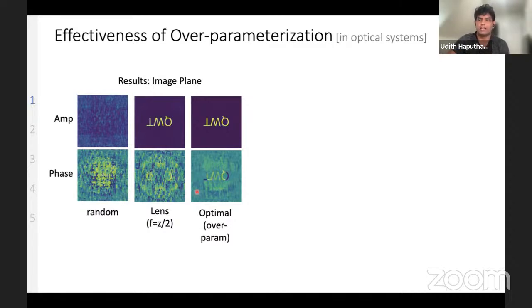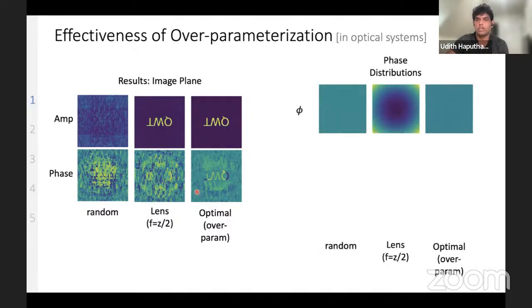So what did it actually learn in the phase distribution? These are the phase distributions it learned, and I know you cannot see much for these two. This one is the random phase distribution, this one is the learned or parameterized distribution, and this one is the lens, which I showed previously. Someone asked what the values of these colors are.